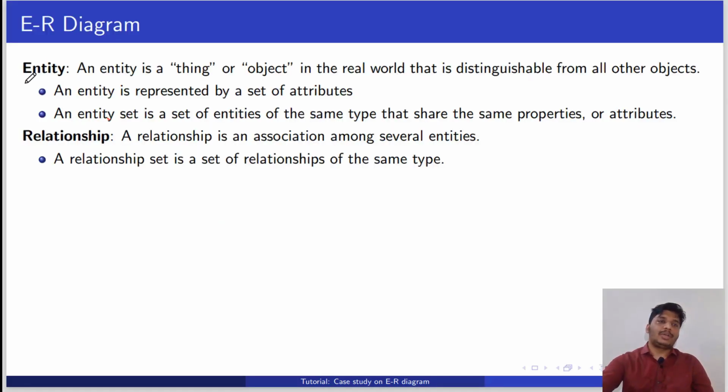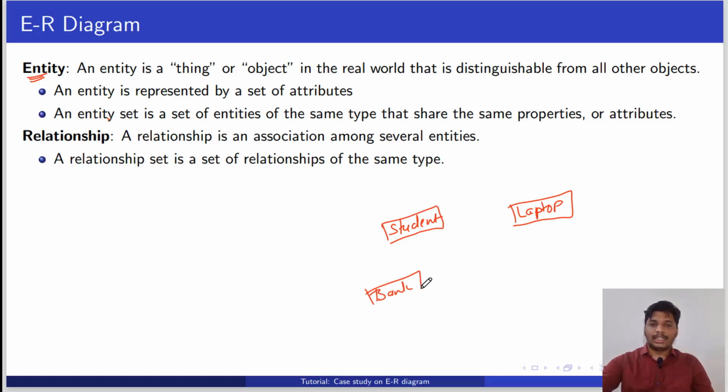So first we will see what an entity is. An entity is a thing or object in the real world that is distinguishable from all other objects. For example, student is an entity, laptop is also an entity, bank is also an entity.